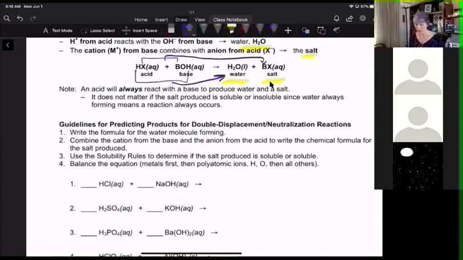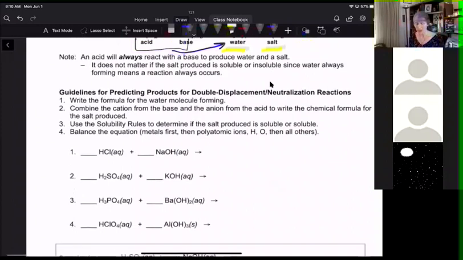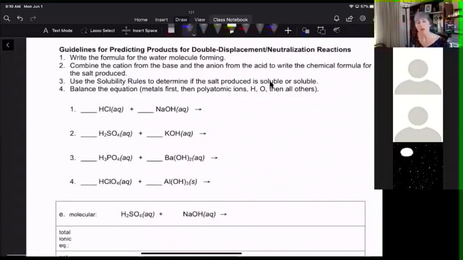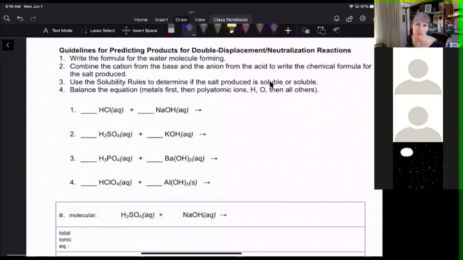So go ahead and predict the products and balance for these reactions. Remember, when you form the salt, we need to use the solubility rules to identify whether it's solid or aqueous. We need to form neutral ionic compounds for that salt.